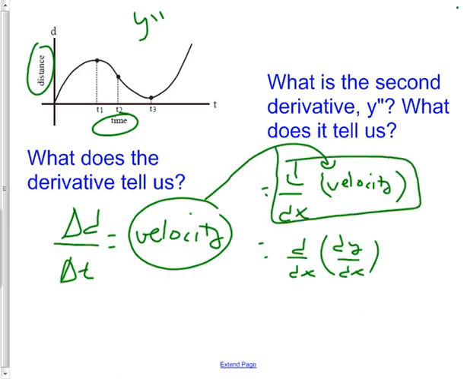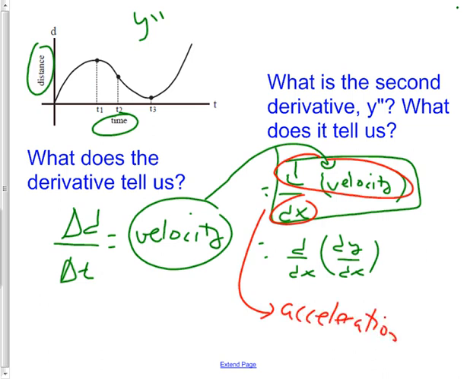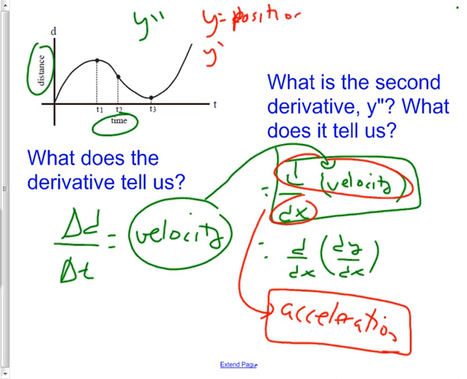Physics students, hopefully you can chime in here. Remember this: how velocity changes with time is our acceleration. For some of you this will be a great help, for some of you it might not be that much help. But think of y as position, y prime as velocity, and y double prime as acceleration. For anyone who studied physics, now I think you can have more of an appreciation for what that second derivative is.